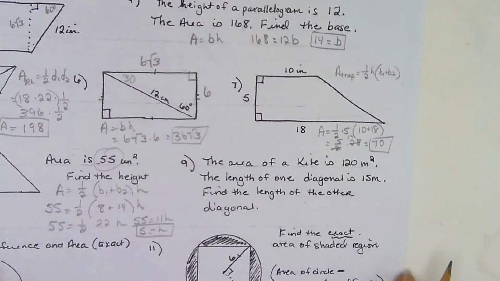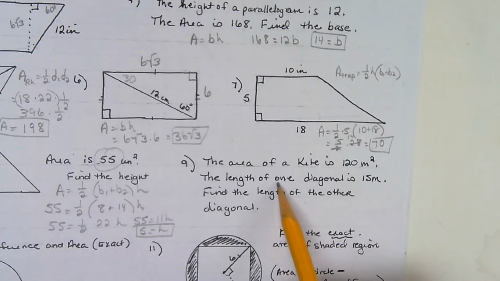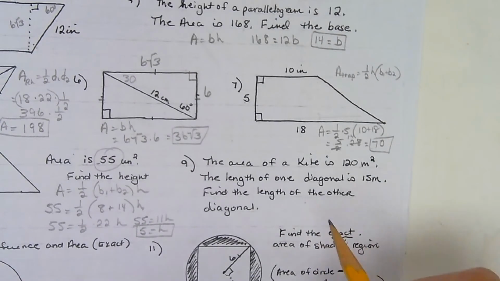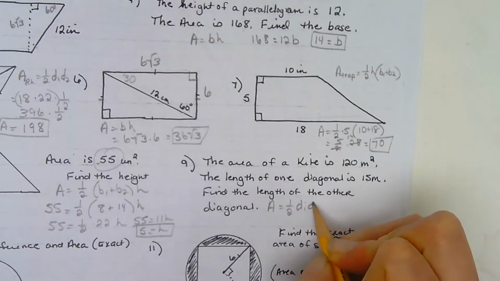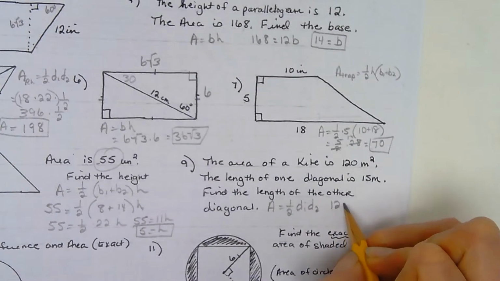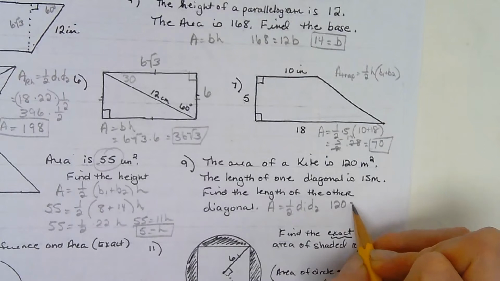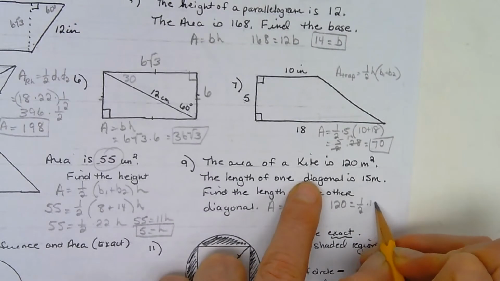Number 9. The area of a kite is 120 meters squared. The length of one diagonal is 15 meters. Find the length of the other diagonal. I don't really even need to draw a picture for this. I know the area of a kite is 1/2 diagonal 1 times diagonal 2. The area of the kite is 120, and that's equal to 1/2 times 1 diagonal is 15.